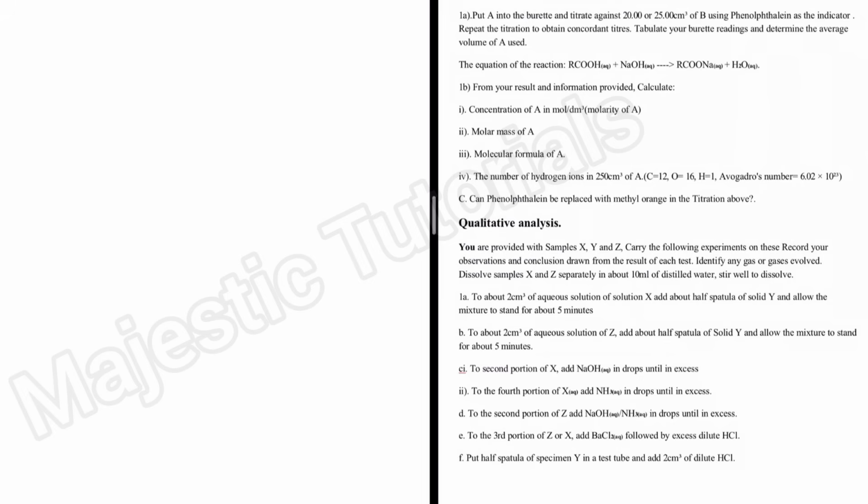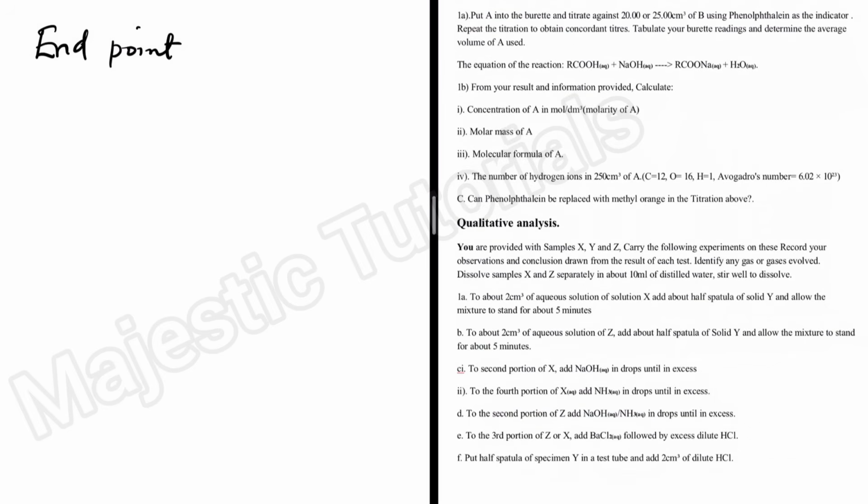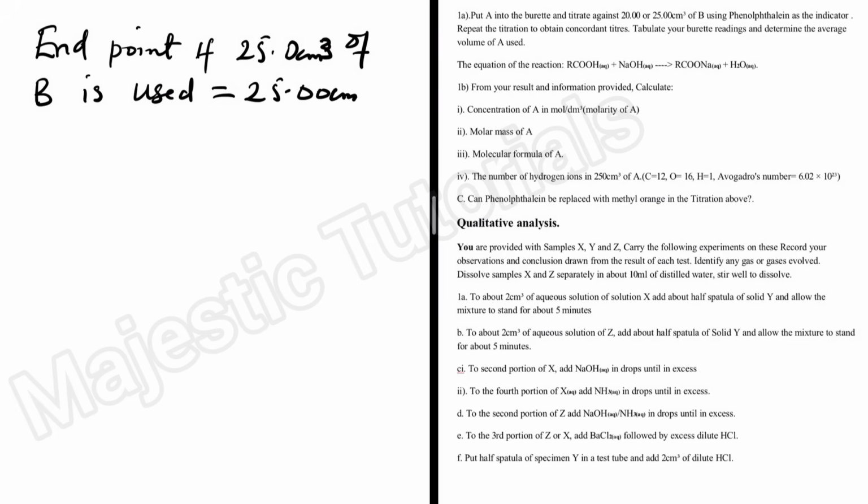So to start with, your end point, according to these equations that were mentioned over here, the particular thing they said we should provide is the strength between A and B. If 25 cm cube of B is used, our end point is also 25.00 cm cube.